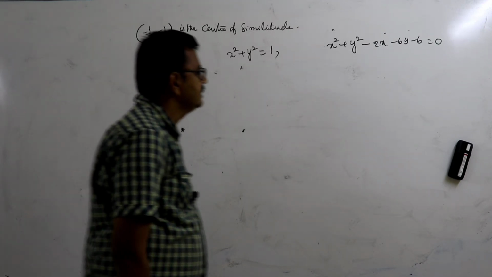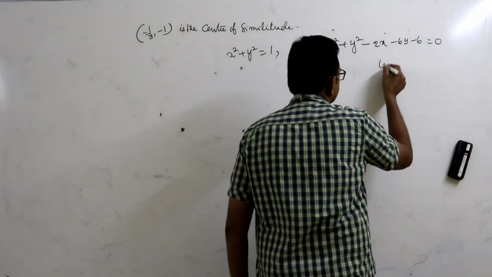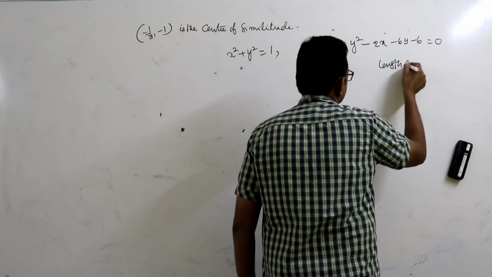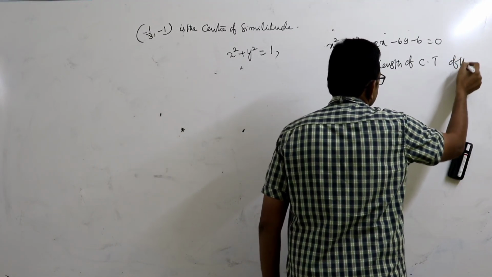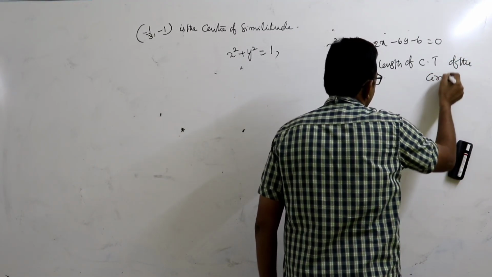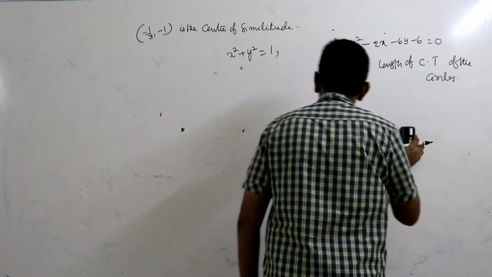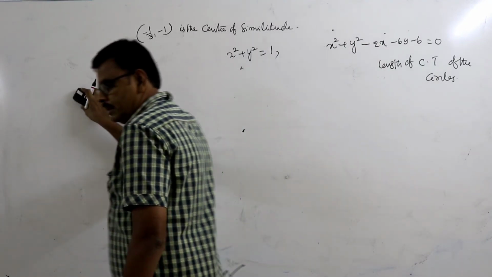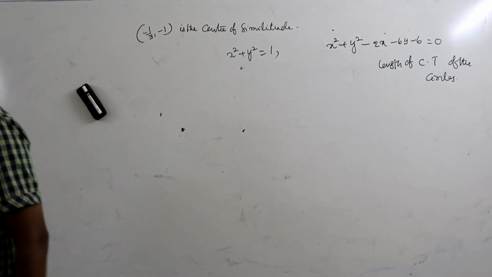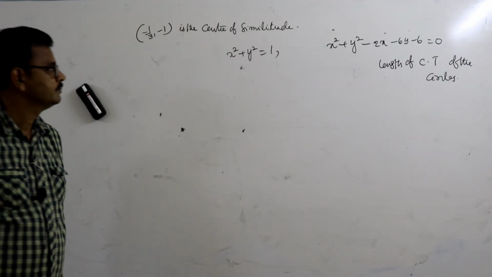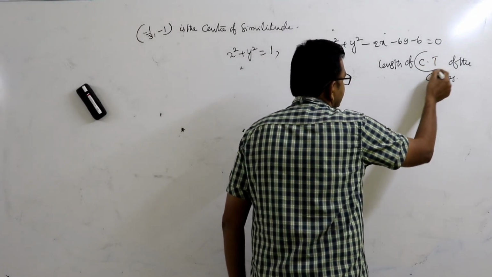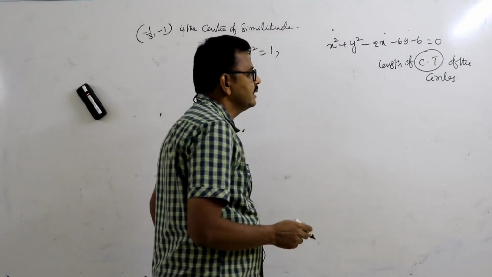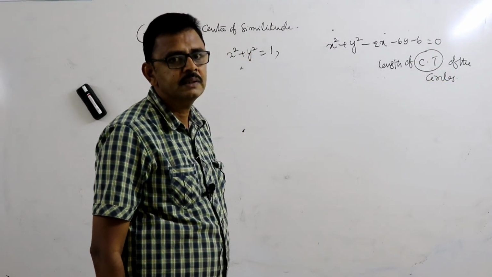Then the length of the common tangent of the circles is asked. It is not given whether it is a direct common tangent or a transverse common tangent.